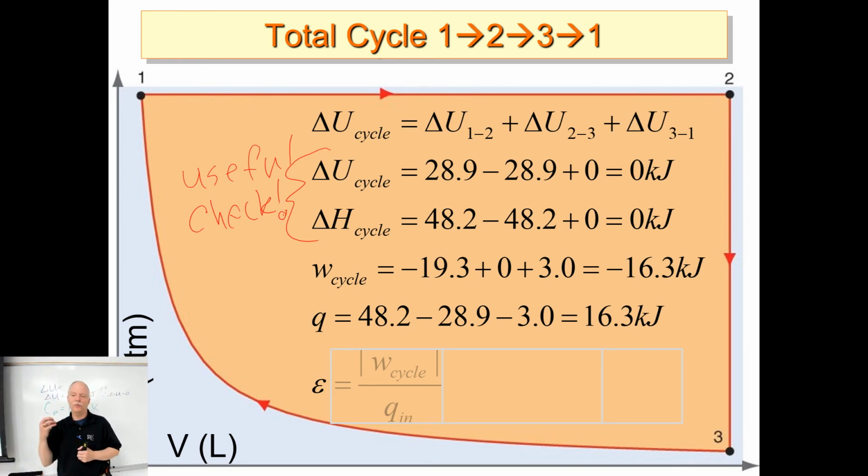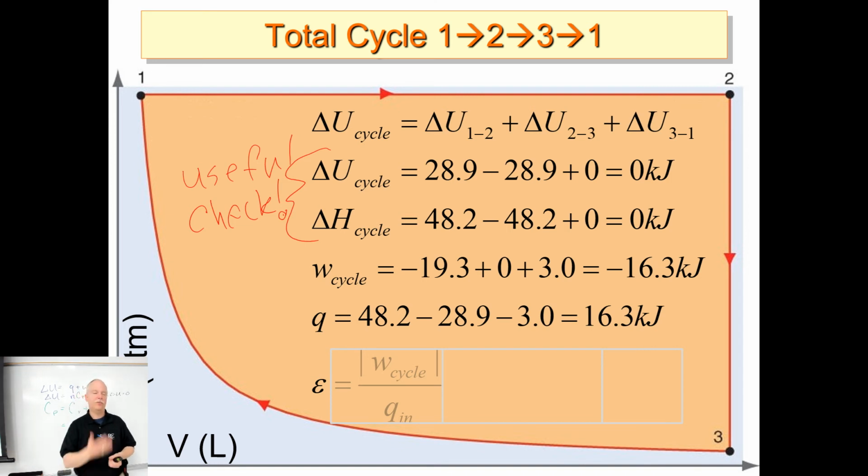And then the work and heat do depend upon the path. In fact, we construct different cycles so that we can get more work out and use less heat to do it. In this case, the work for leg 1 to 2 was negative 19.3. That's when we got work out. The isochore gave us no work, required no work.